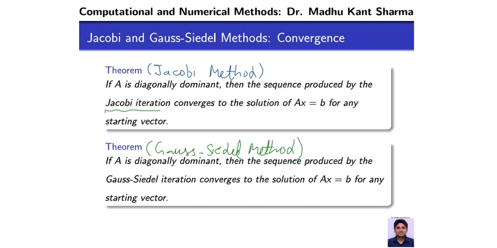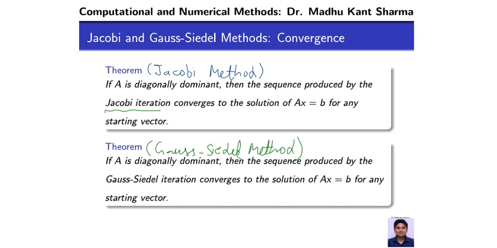So again, both results tell you that if A is diagonally dominant, then whether you use Jacobi method or Gauss-Seidel, both converge to the solution of the system for any starting vector.